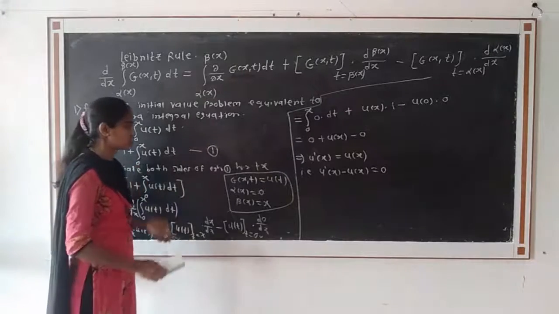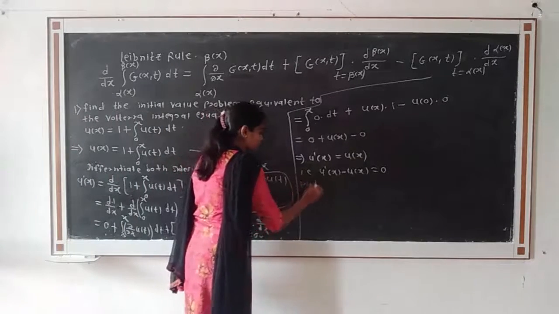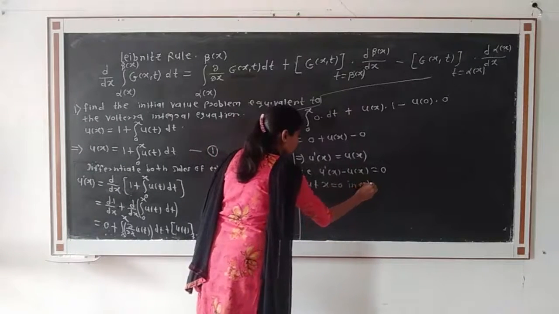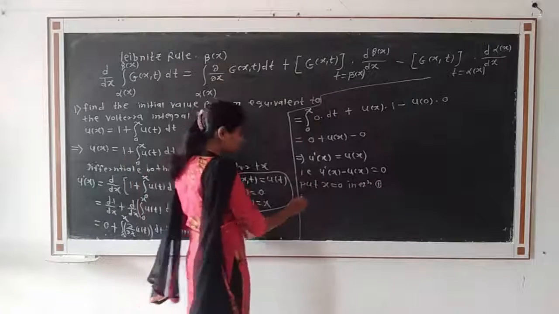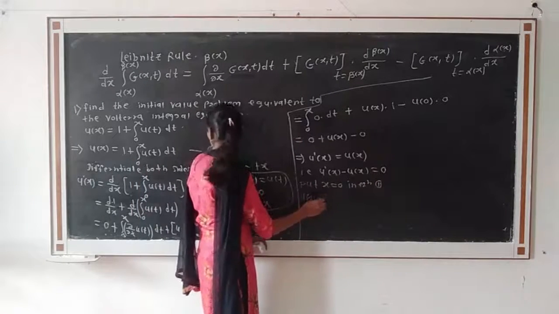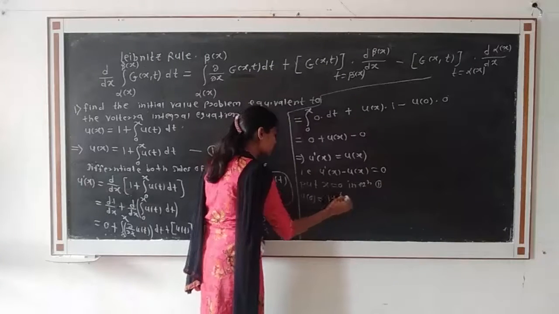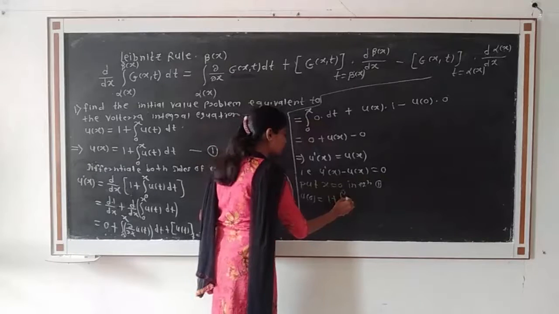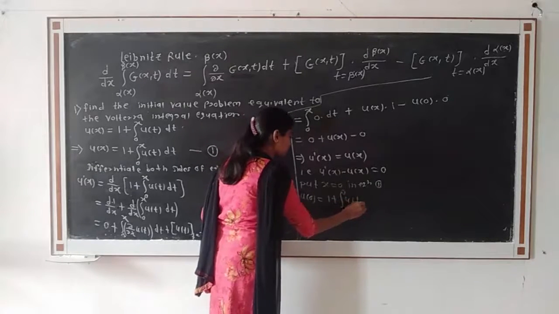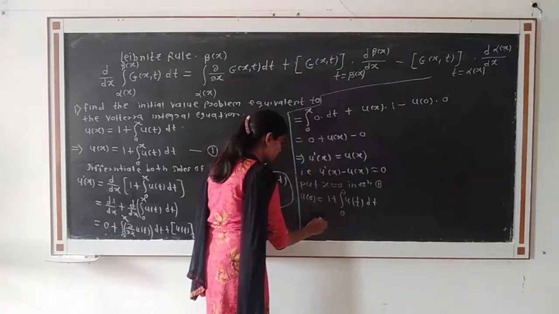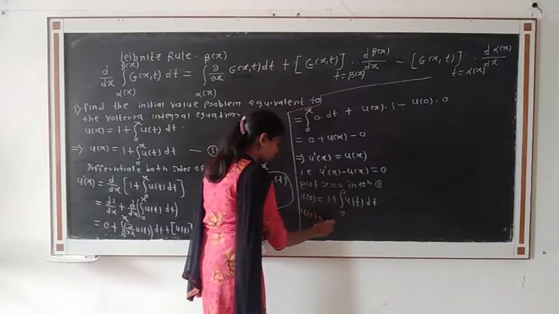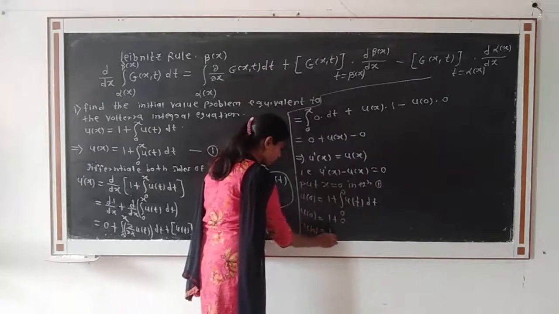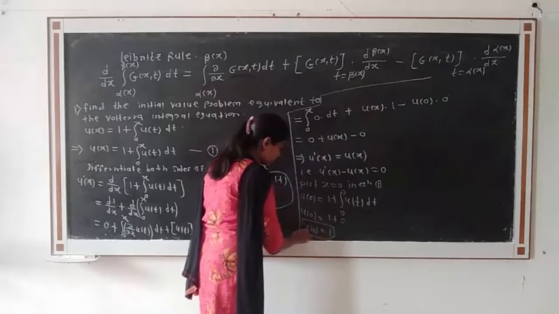We get the initial condition, that is put x is equal to 0 in equation 1, we get u of 0 is equal to 1 plus integration from 0 to 0 of u of t dt. This integration is 0 and we get u of 0 is equal to 1, which is the initial condition.